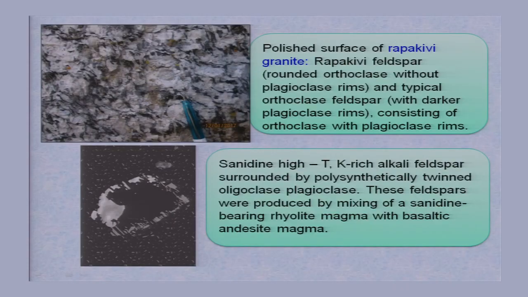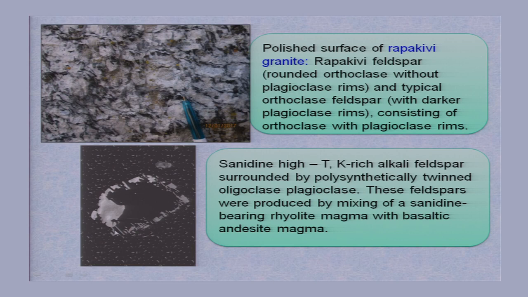How does this Rapakivi texture look under the microscope? It shows Rapakivi texture. Here sanidine, a high temperature, alkali-rich feldspar, is surrounded by polysynthetically twinned, see here, these strips of polysynthetically twinned oligoclase.